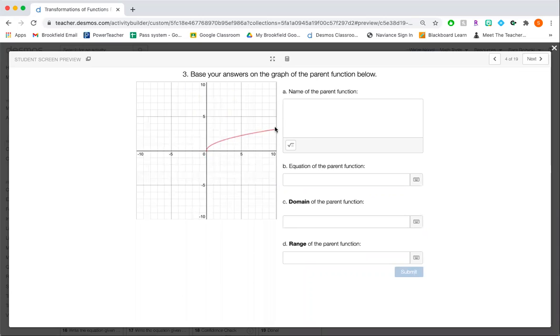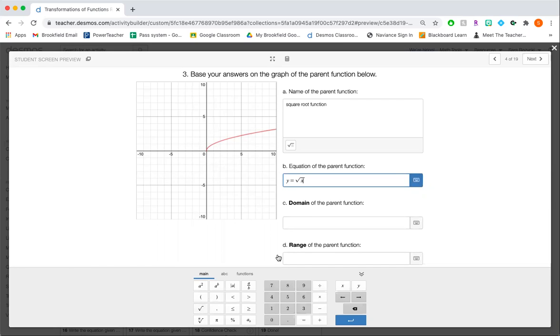Here I have the square root function. So anytime I see a graph like this, I know it's a square root function. The square root function doesn't have negative x's because you can't take the square root of a negative number. So this is y equals square root x. If you need to find the square root, you can either just type SQ RT and it will come up, or you can type it in the keyboard down here.